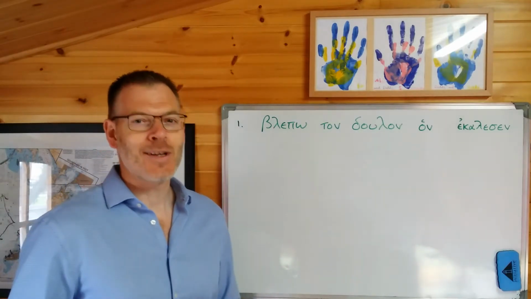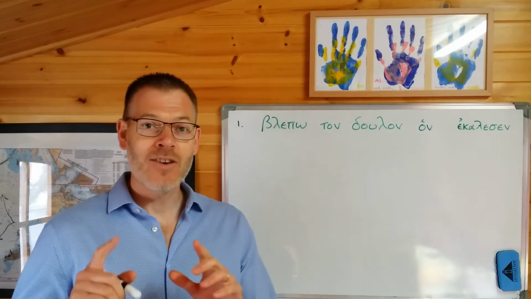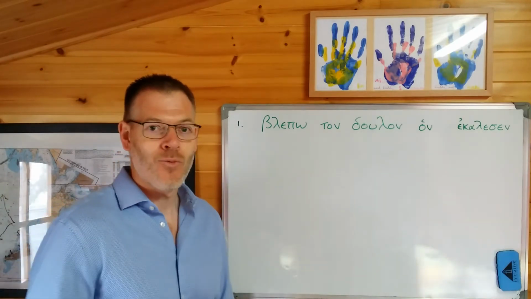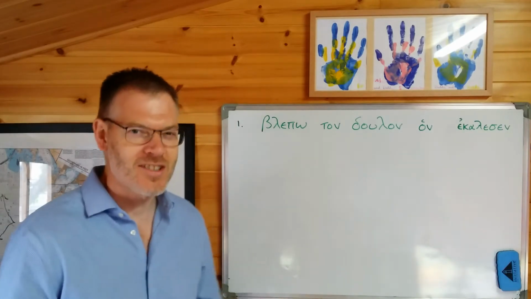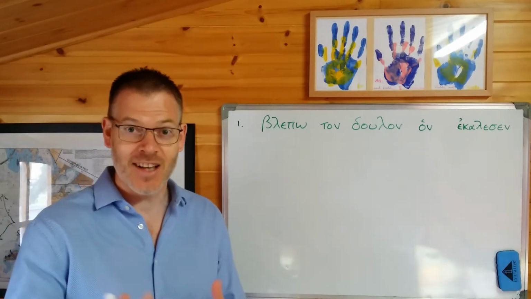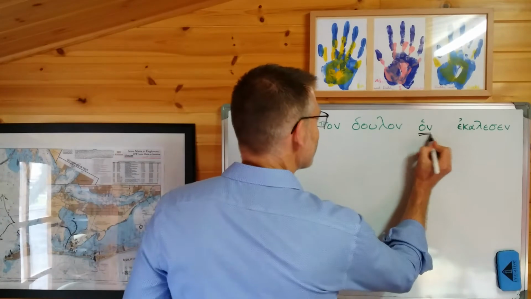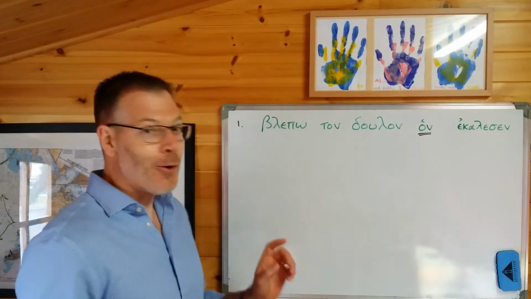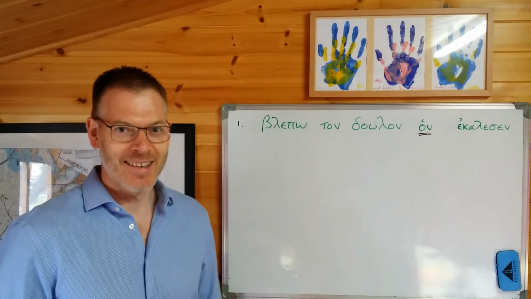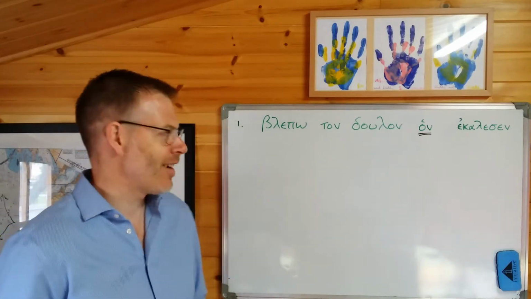Now, as you're reading through the sentence, when you're doing these exercises, the first thing I want you to notice is, okay, where's the relative pronoun? You've got to just identify that first, because that's a challenge, that's a new thing for you. And here it is. There's the relative pronoun. How do you identify that? Well, it's a short word with a rough breathing at the beginning, so there's a good chance it's going to be a relative pronoun.